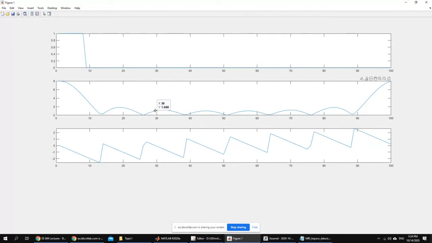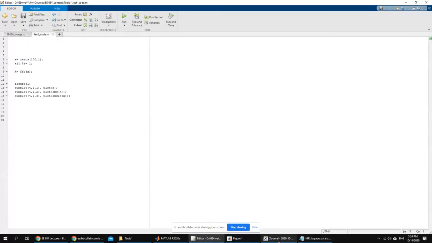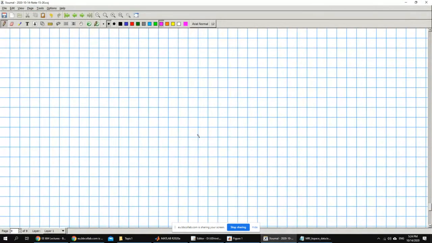Actually, it doesn't. From the theory of the Fourier transformation, if I have a signal that looks like this, just a gate, this is time, with 0 in the middle here.